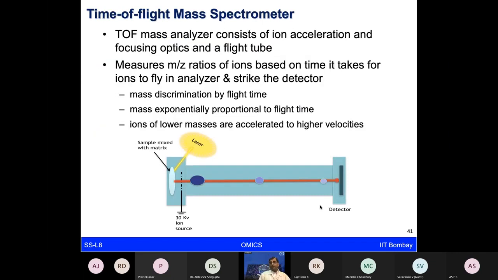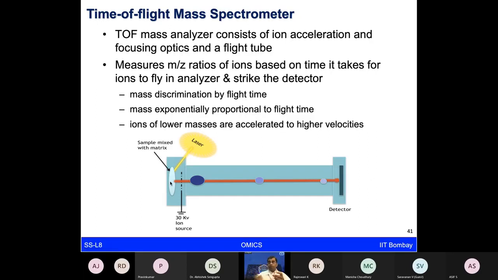There are different types of mass spectrometer configurations available. One of the popular configurations is MALDI-TOF. The ionization source is matrix-assisted laser desorption ionization, and TOF, time of flight, is the mass analyzer. In this setup, you have the time of flight part, and a plate on which you keep your protein of interest.